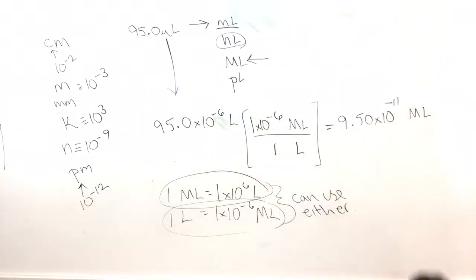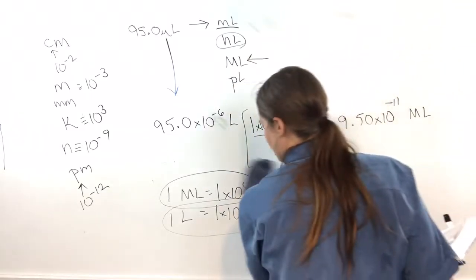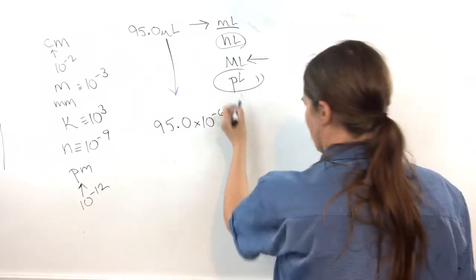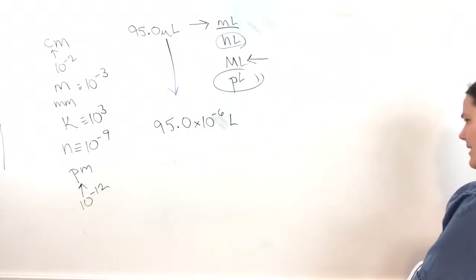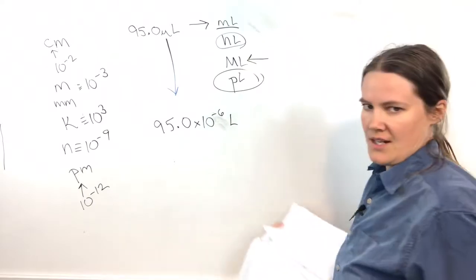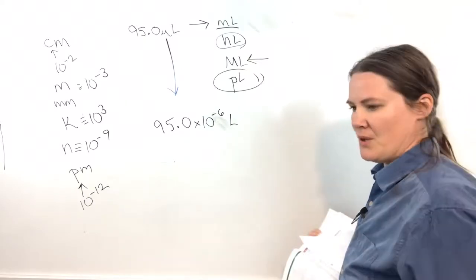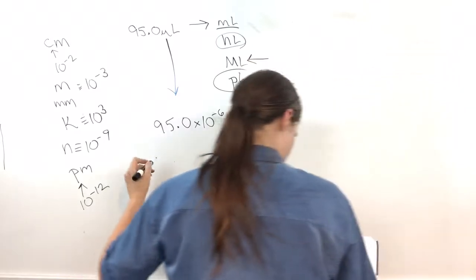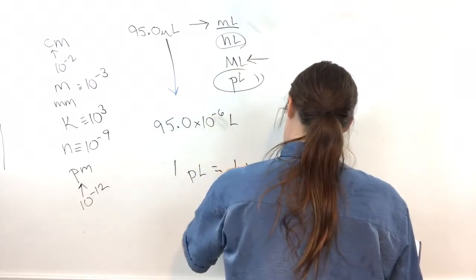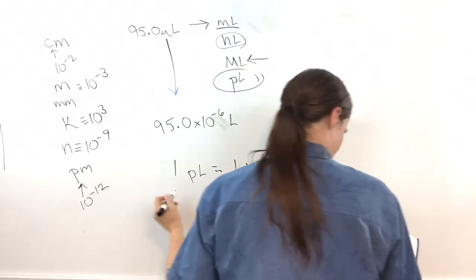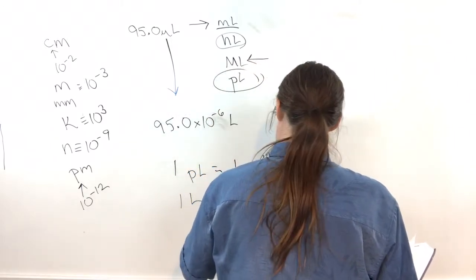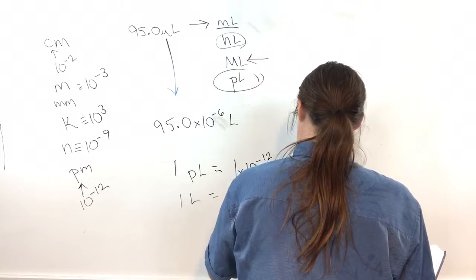Okay, so I'm going to erase this and then do picoliters. So now I'm doing picoliters, and if I didn't know that pico was times 10 to the negative 12, I would either look it up on a table in a book or online, and I would find that 1 picoliter is equal to 1 times 10 to the negative 12 liters, or 1 liter is equal to 1 times 10 to the 12 picoliters.